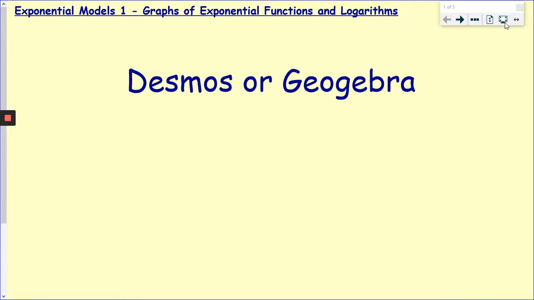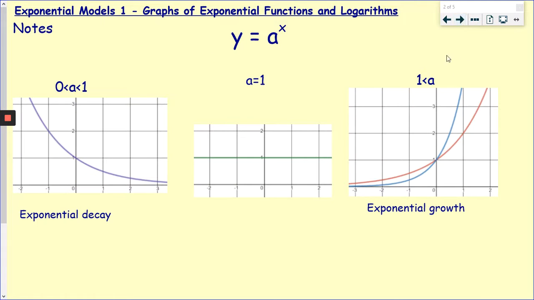Let's make some notes. Key things to note are that if we've got y equals a to the x and a is greater than 1, then we're going to get a curve that looks like this. This is y equals 2 to the x, and this is y equals 4 to the x.